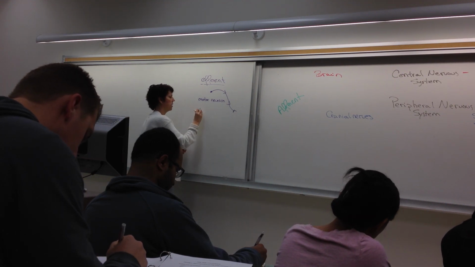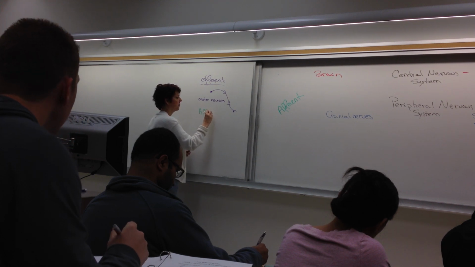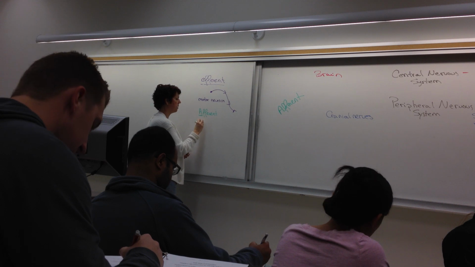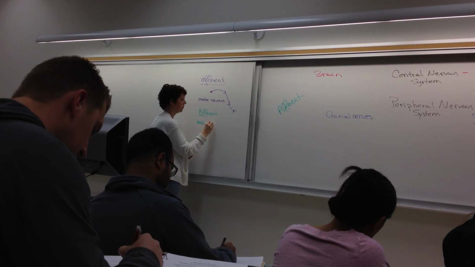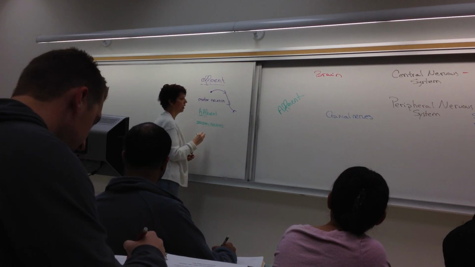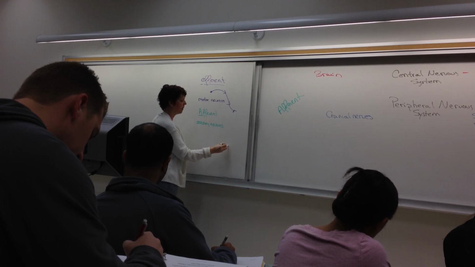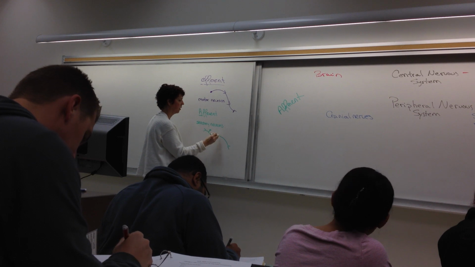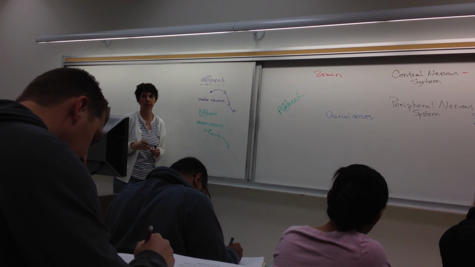Okay, afferent, spelled with an A, are going to be sensory neurons. And they're carrying information towards the central nervous system.